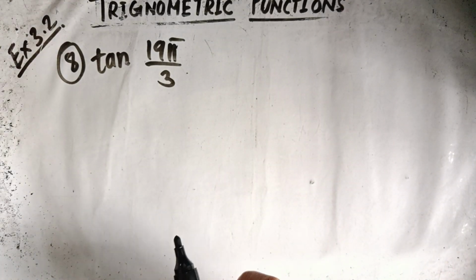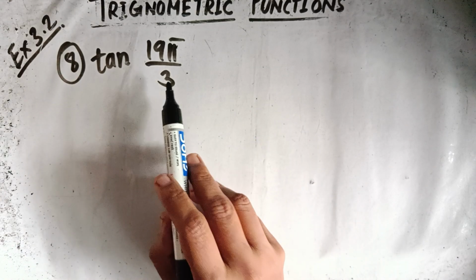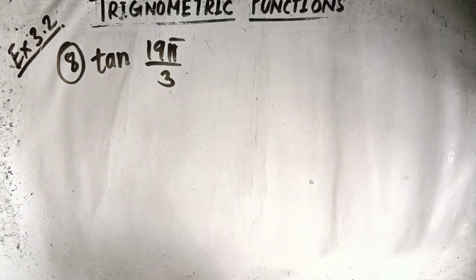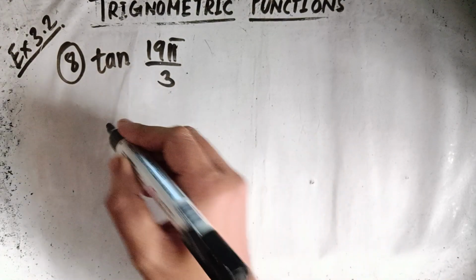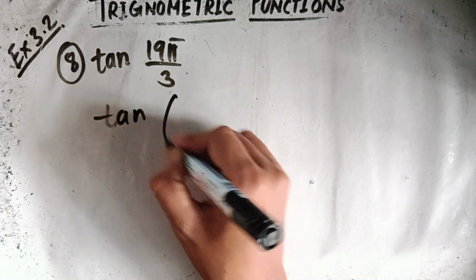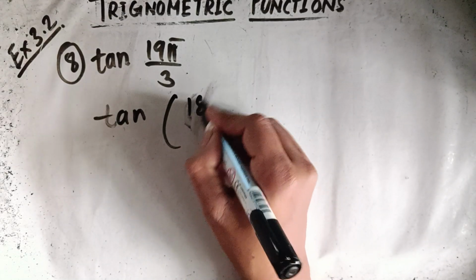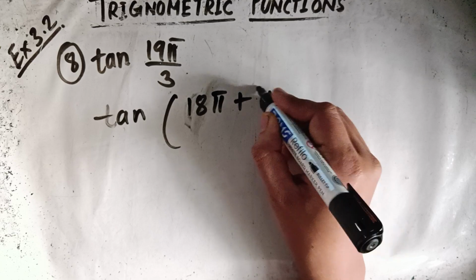So 19 pi I can write it as, you should take a number which is closer to 19 and is a multiple of 3, so that we can cancel that number. Okay, so I can take 18 pi plus pi, 1 pi.